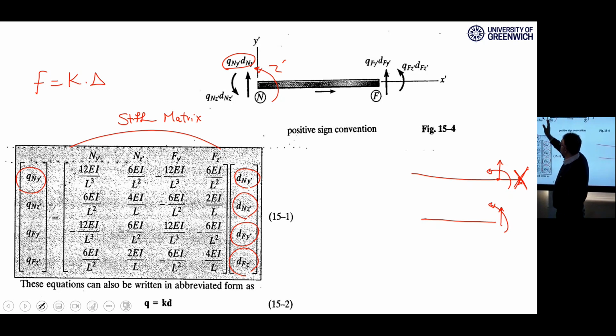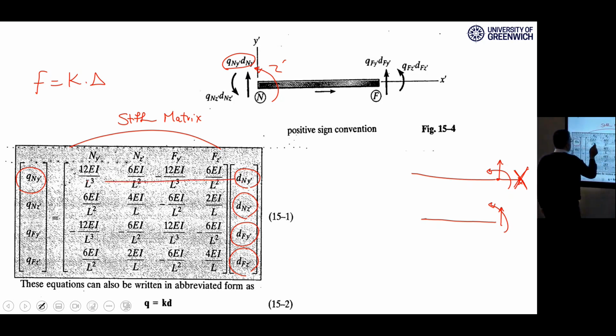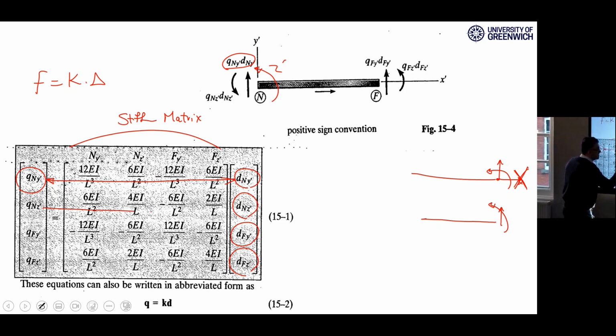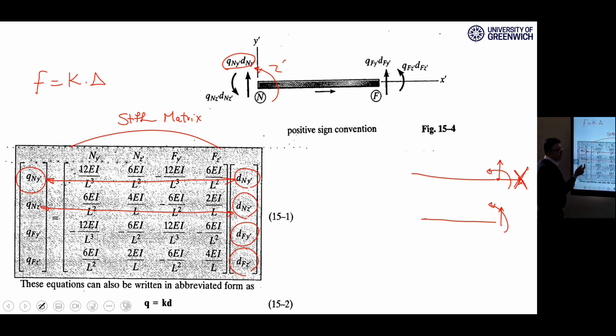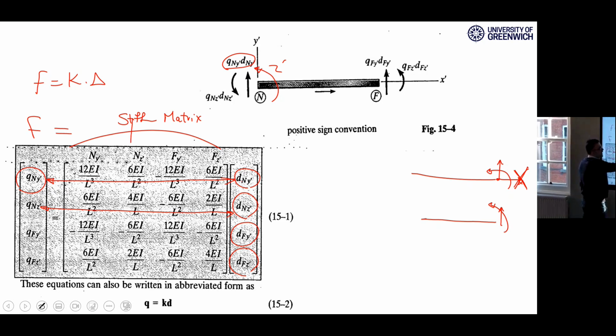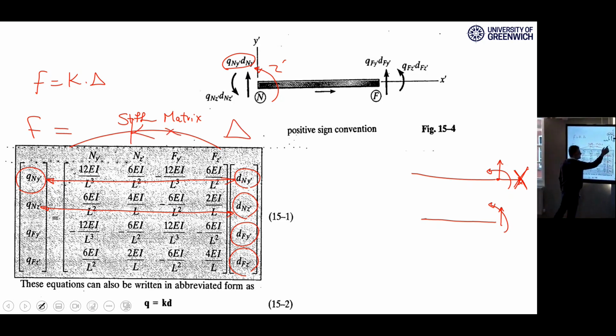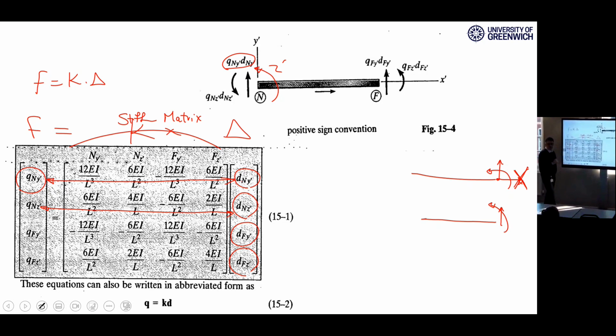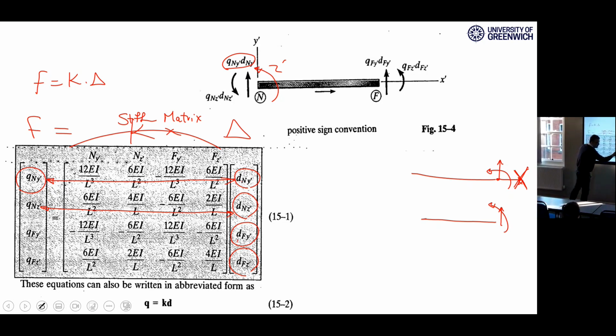Deformation near end and y prime, right? So this is connected to these, these are together. Why? Deformation near end z prime, force near end z prime. These are all forces equal to K delta. These are all deformations. What is this? Deformation far end y prime.